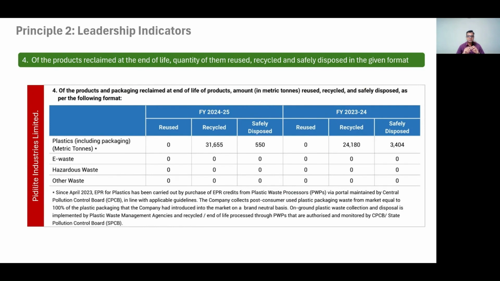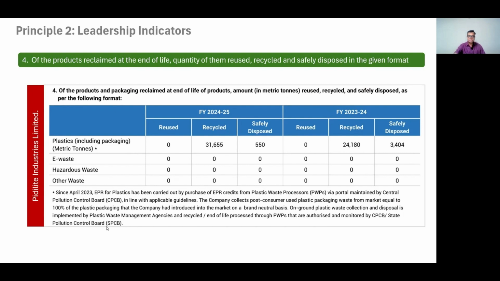The company collects post-consumer used plastic packaging waste from the market equal to 100% of the plastic packaging from the company and introduced into the market on a brand neutral basis. On-ground plastic waste collection and disposal is implemented by the plastic waste management agencies and recycled or end-of-life process through PWPs that are authorized and monitored by the CPCB or state pollution control boards.